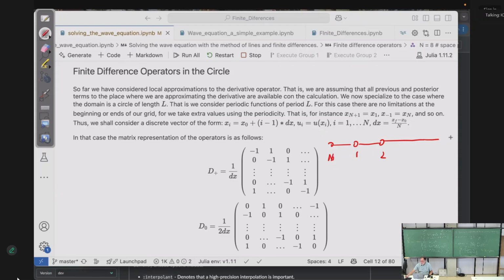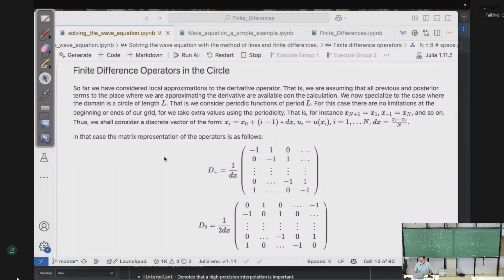The point at the extreme we don't use, because it's the same as the 1. So the end point is this one here. If we are going to use the fourth order method, we just use this 4 and minus 1. So for the periodic boundary conditions, we can use these stencils all over the place.